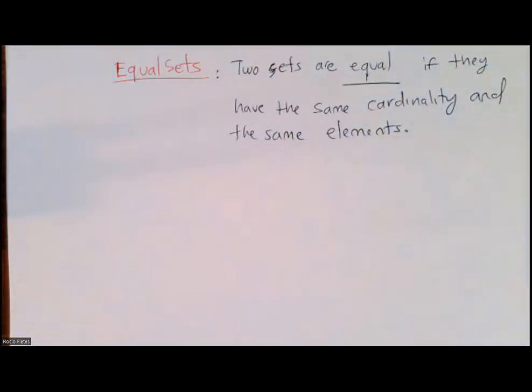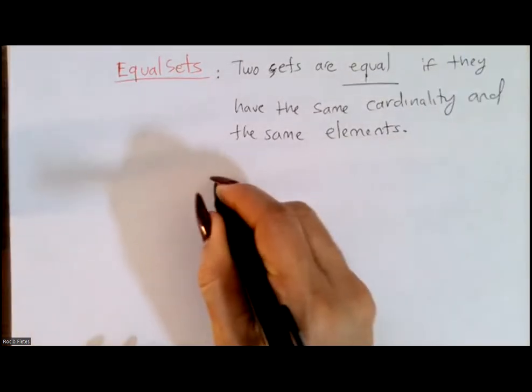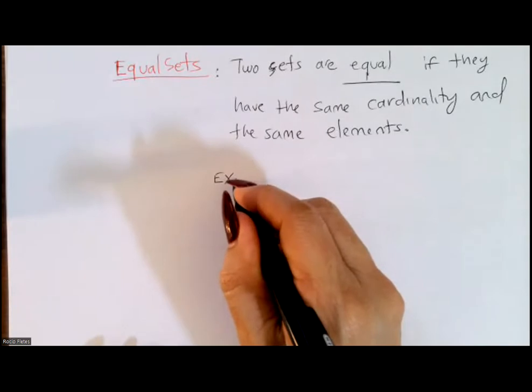Okay, so two sets are equal if they have the same cardinality and they have the same elements. For example, here's an example.